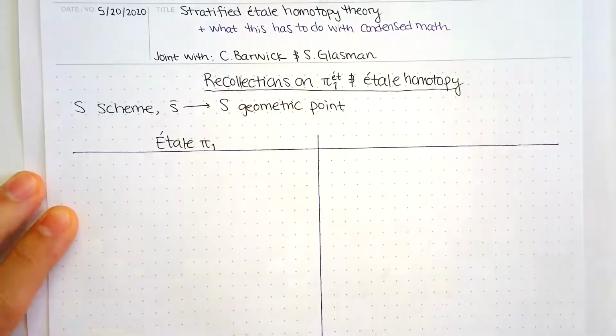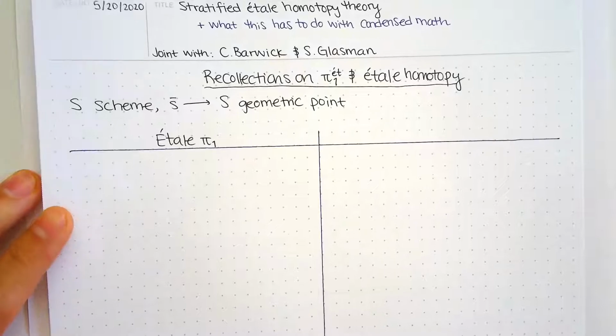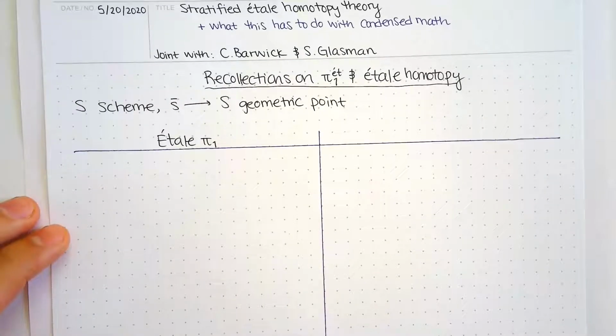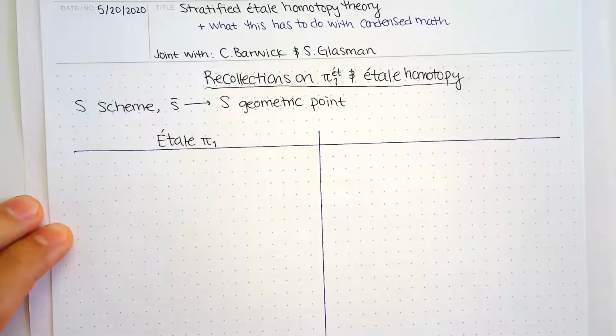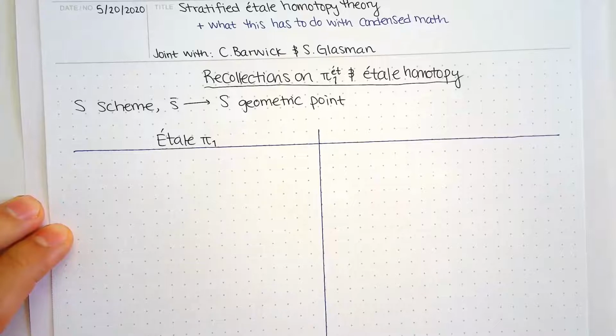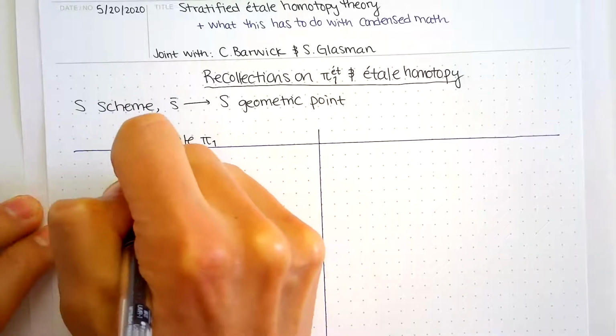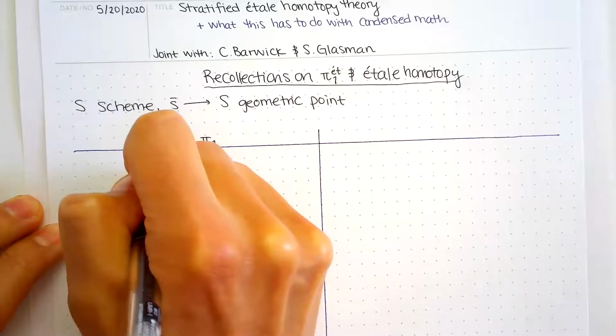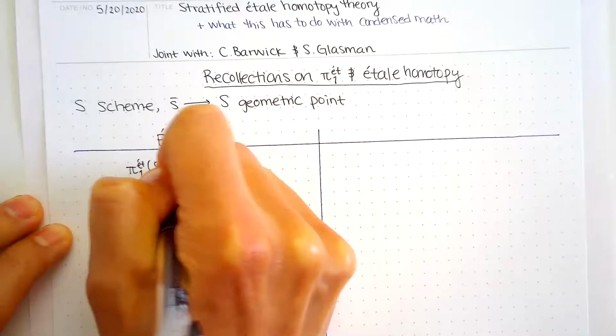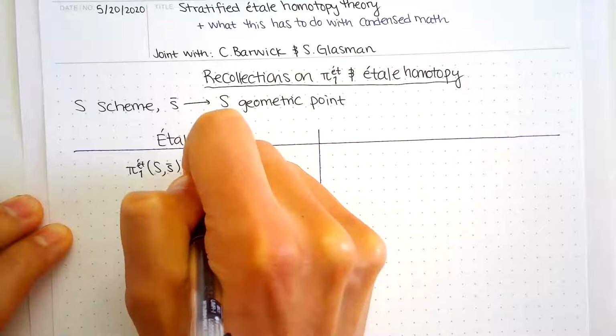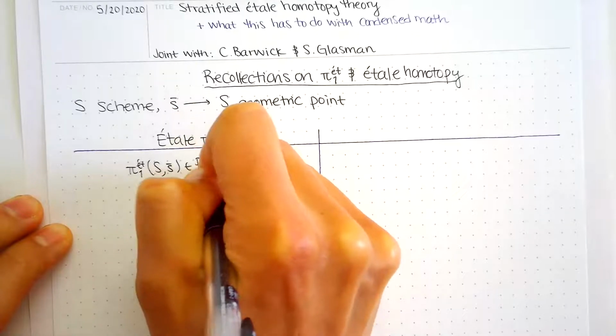So this was something that Grothendieck cooked up a very long time ago, and is now very standard. It's supposed to be the étale version of fundamental groups from algebraic topology. So what type of object is this, étale π₁? It's a profinite group.